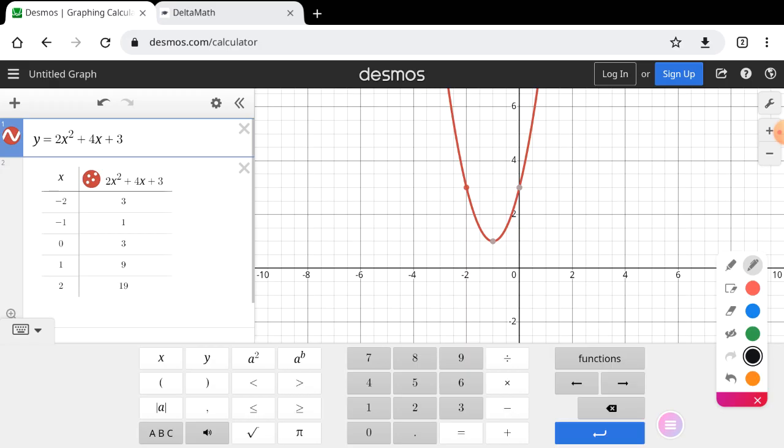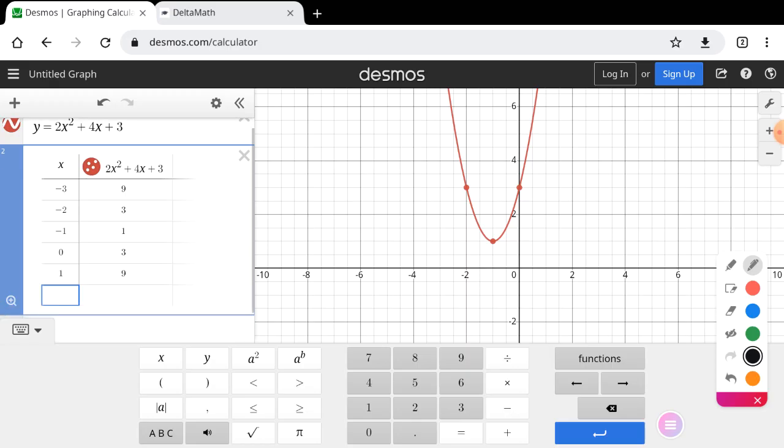So just change that table to reflect that. Negative 3, negative 2, negative 1, 0, 1, and 2. Oops, I guess I didn't really need the 2. That was an extra value. But sure. Write those values down, and then we will plot them.